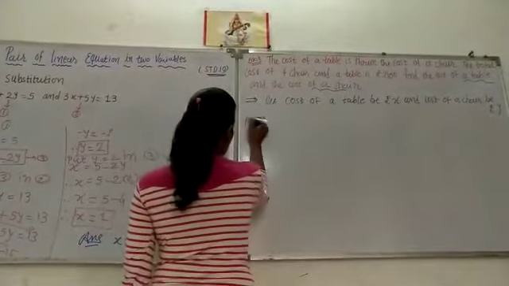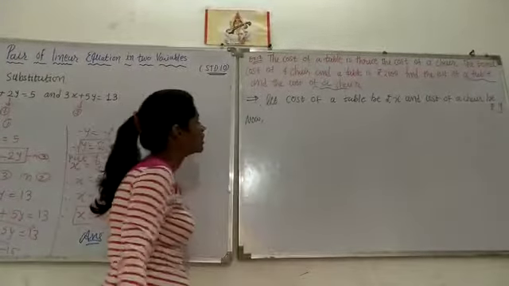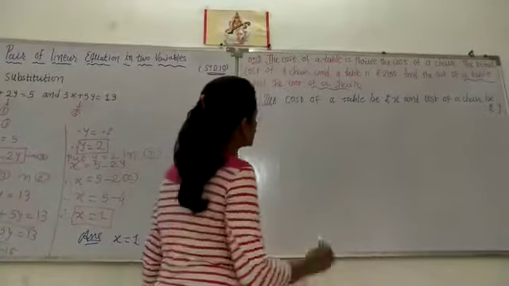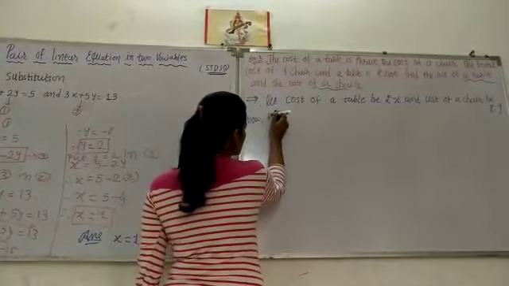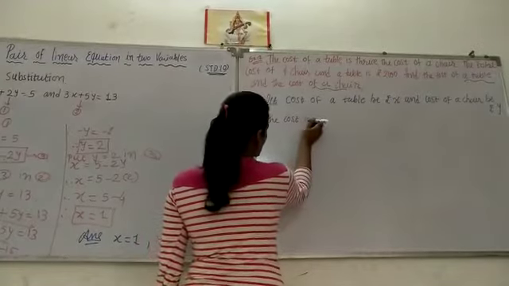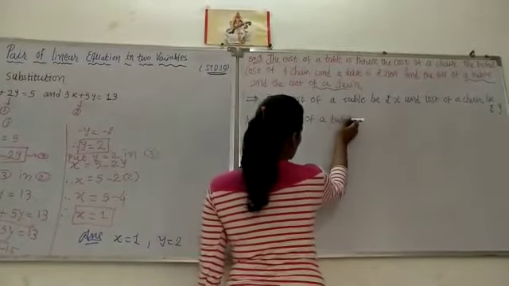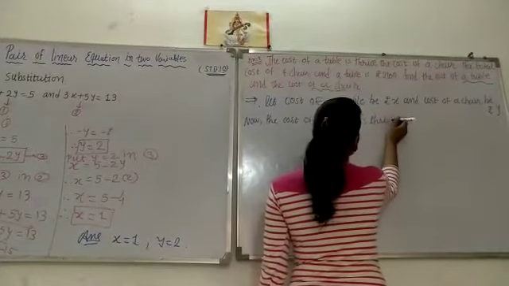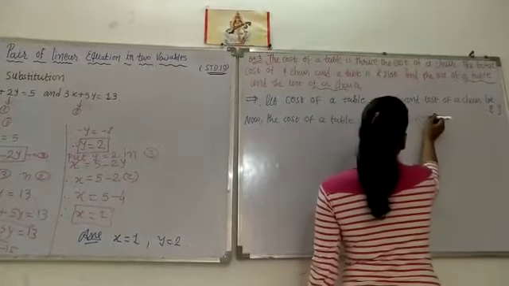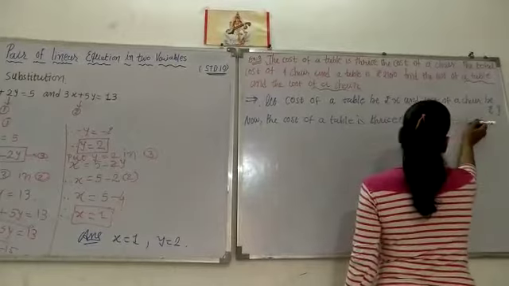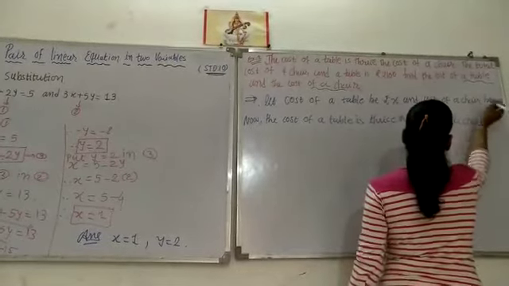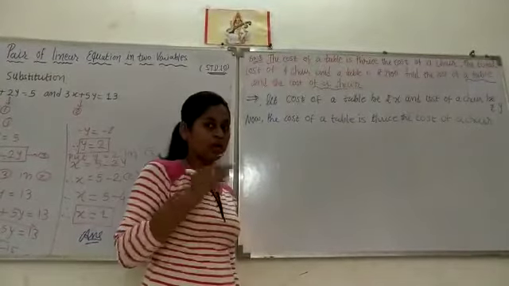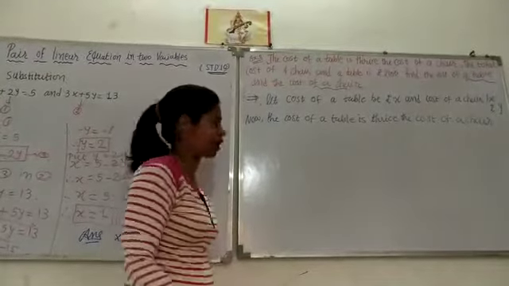So first condition is: the cost of a table is thrice the cost of a chair. This is your first condition. So first write verbal and now convert it into a mathematical form.